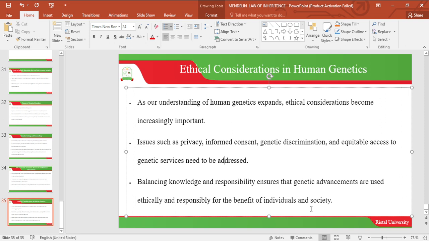We looked at sex-linked inheritance and genetic disorders, which included chromosomal abnormalities. We also looked at advancements in genetic research, medical interventions, and ethical considerations in human genetics.